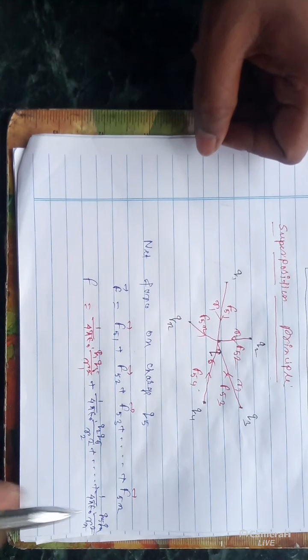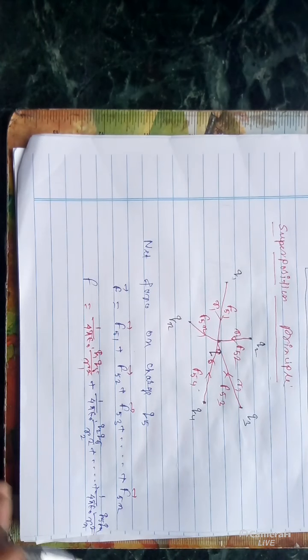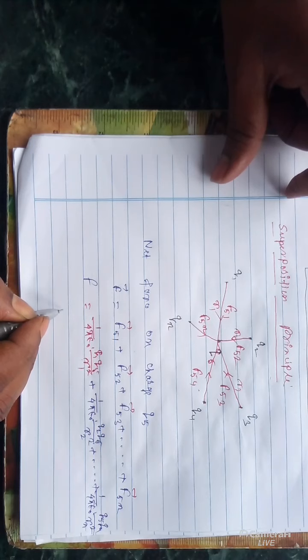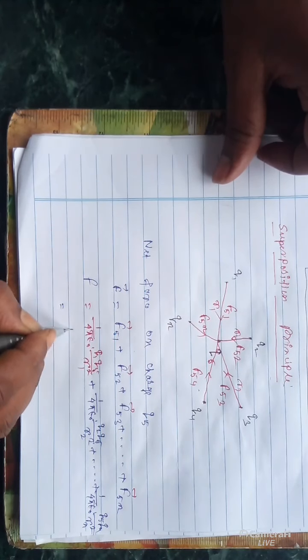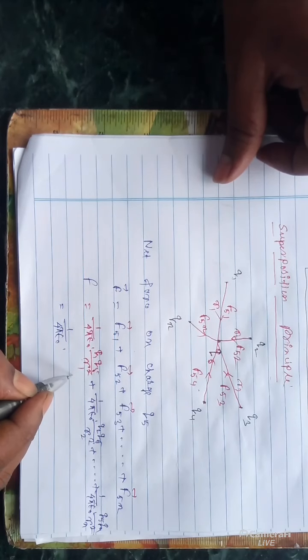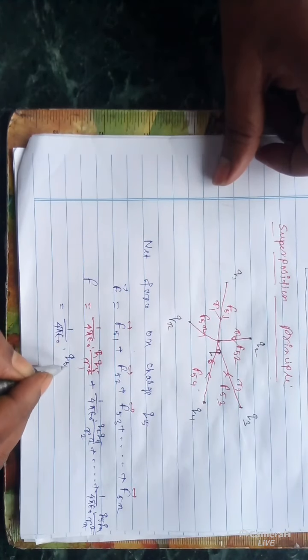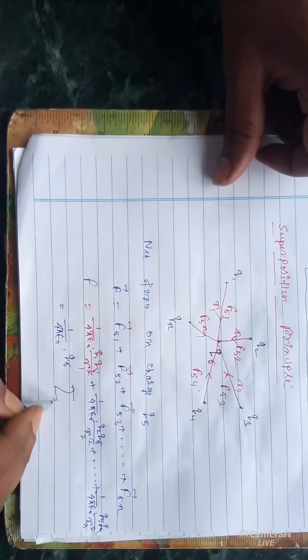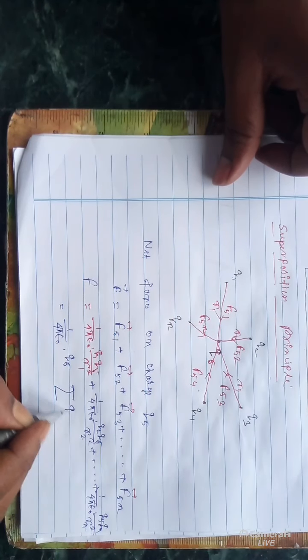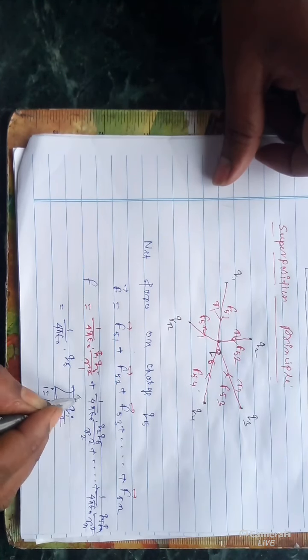Clear? And for direction you have to take the vector sum. Obviously there should be a direction, so you have to take the vector sum. What you will get is basically 1 by 4 pi epsilon naught, with Q5 common, times the summation of Qi by Ri squared, i equals 1 to n.